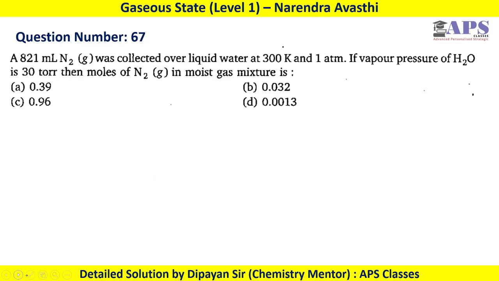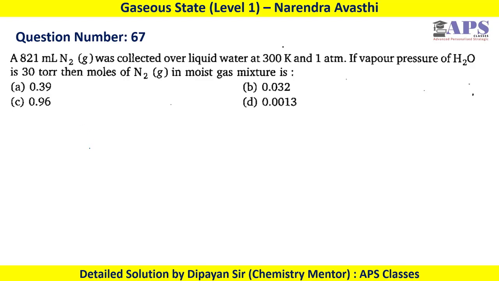In question number 67, 821 ml nitrogen gas was collected over liquid water at 300 Kelvin and 1 atm. If the vapor pressure of water is 30 torr, then the moles of nitrogen in the moist gas mixture is.